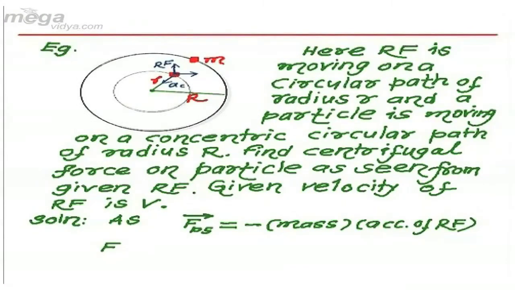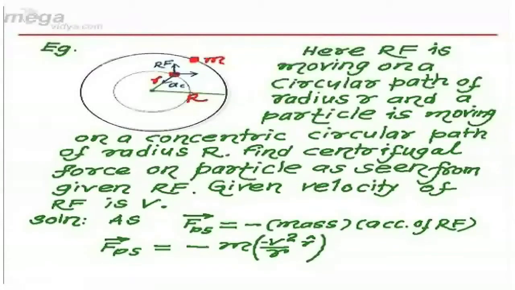By definition of the value of the force of pseudo nature, we can write this force F_ps is equal to minus of the mass of the body, given to be m, and acceleration of reference frame is v square upon small r in the direction of radius r cap.